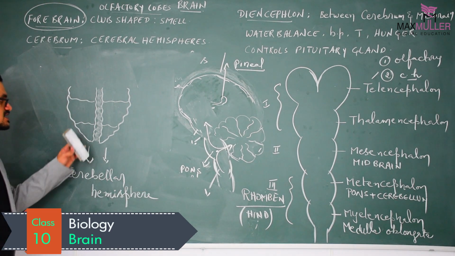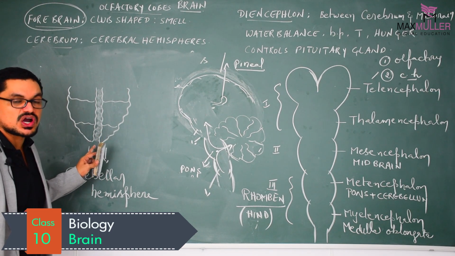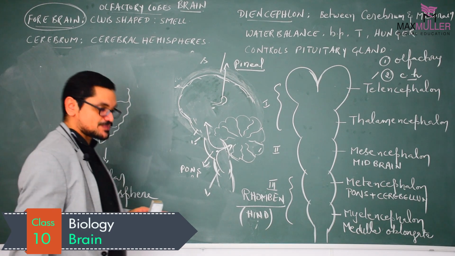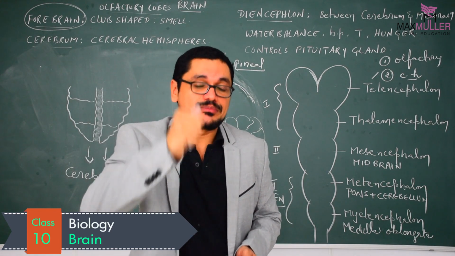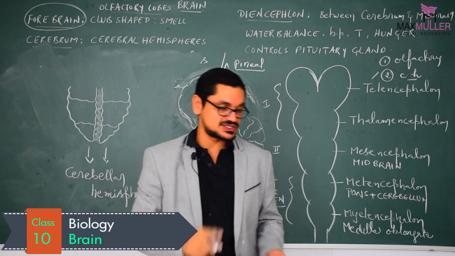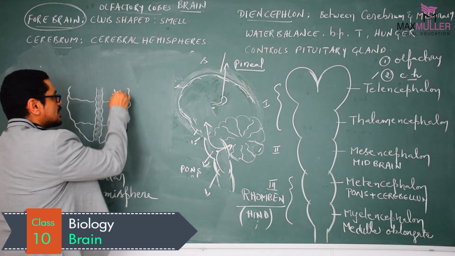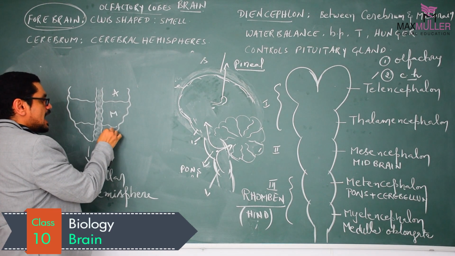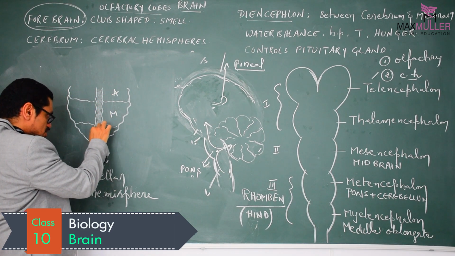Two hemispheres are present, and these are called cerebellar hemispheres. Previously I told you these two are cerebral hemispheres, and now these two are cerebellar hemispheres. This is the anterior lobe, this is the middle lobe, and this is the posterior lobe, and this is the central portion.